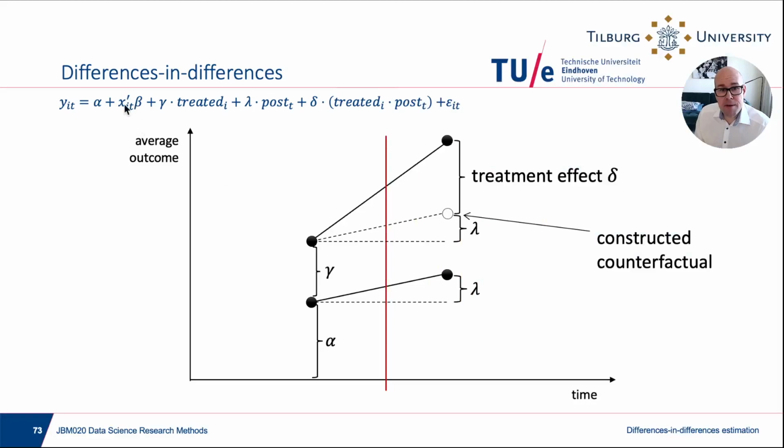Pre is going to be alpha plus gamma, no lambda, no delta, because post is still equal to 0: alpha plus gamma. And finally, the treated post are going to be alpha plus gamma plus lambda plus delta.